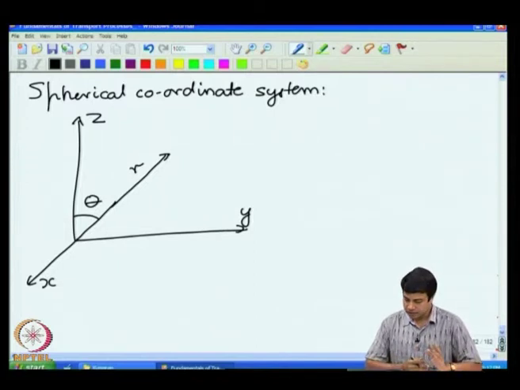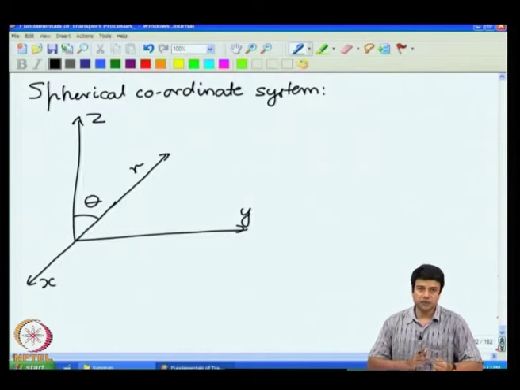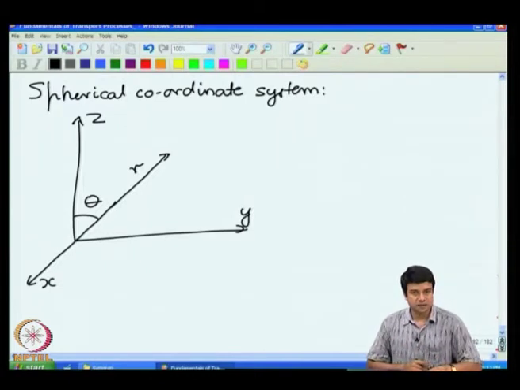If the system has symmetry about some axis, then you would prefer to put the z axis along the axis of symmetry, in a manner similar to what we did in the cylindrical coordinate system. In that case, the temperature or concentration field will depend only upon the angle from this axis. So, that is the angle theta.